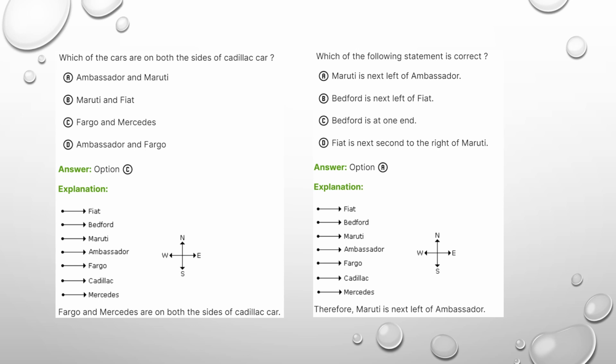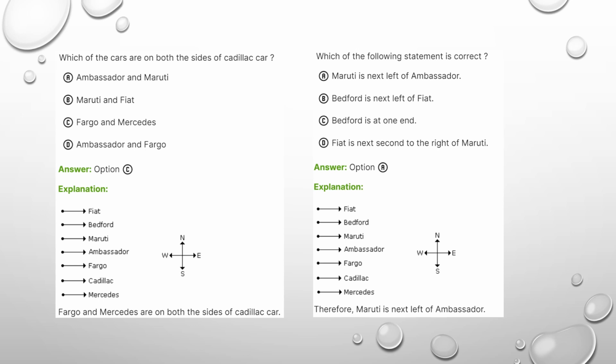Now we have here the sub questions, which is which of the cars are on both the sides of Cadillac car, and the second question is which of the following statement is correct, that is Maruti is next left of Ambassador.